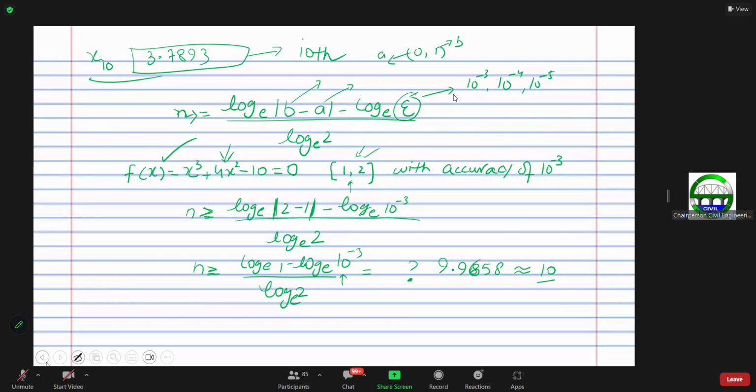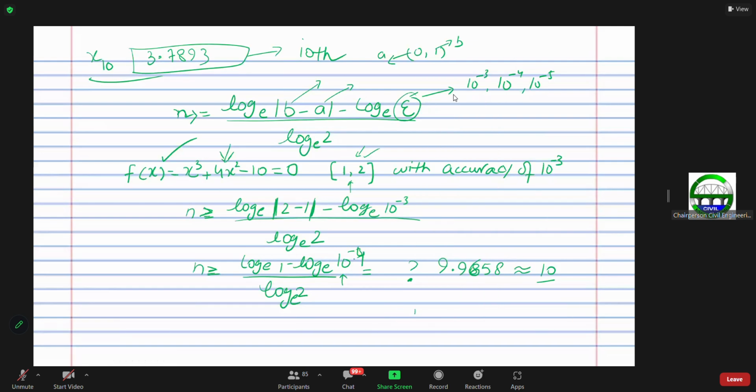Until x10, you will get the value with an accuracy of 10 raised to power minus 3. If they say 10 raised to power minus 4, then you put that and calculate again. Maybe n will be larger, maybe around 15.